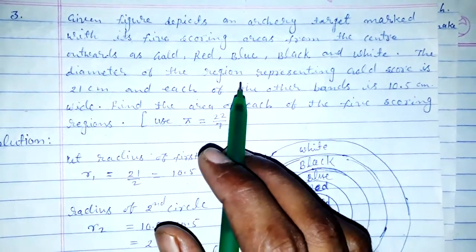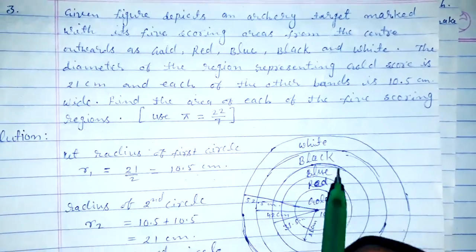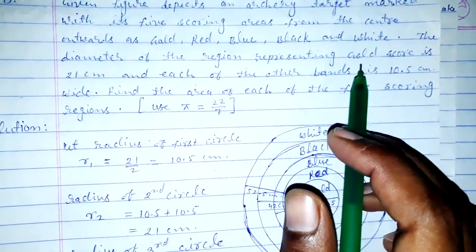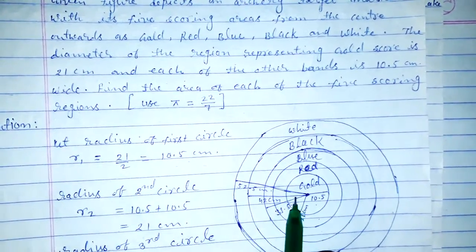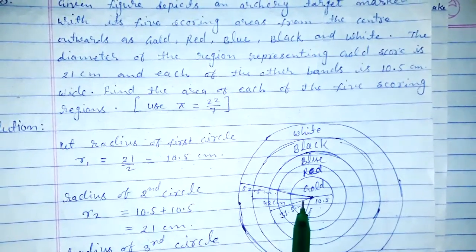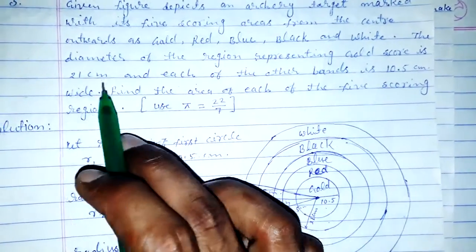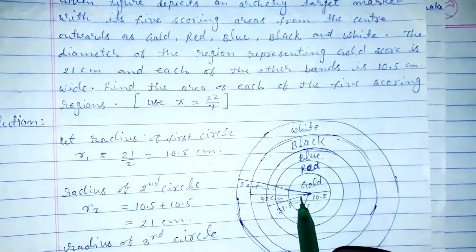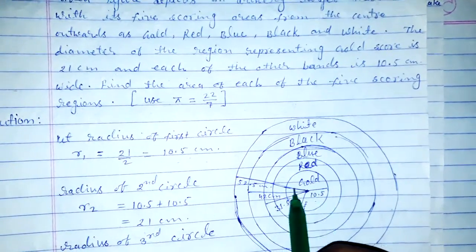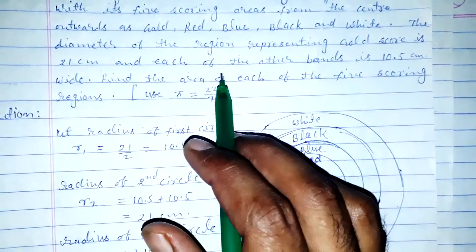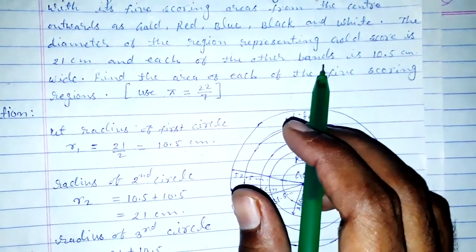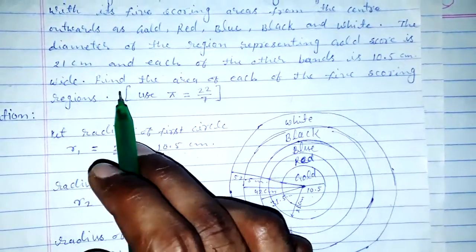The diameter of the gold scoring region is 21 centimeter, which means the complete diameter is 21 centimeter, and each of the other bands is 10.5 centimeter wide.